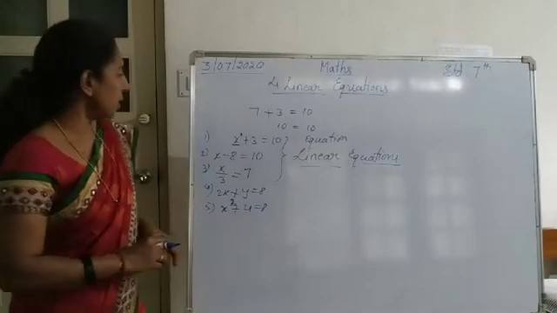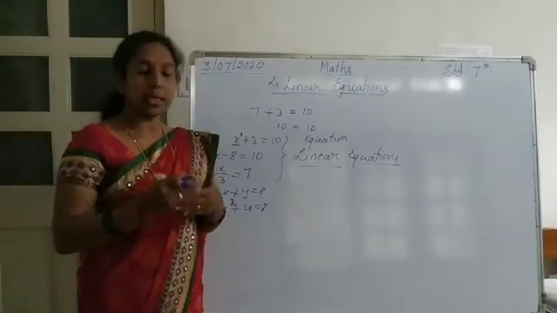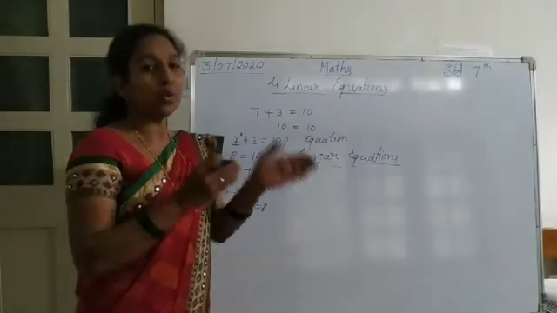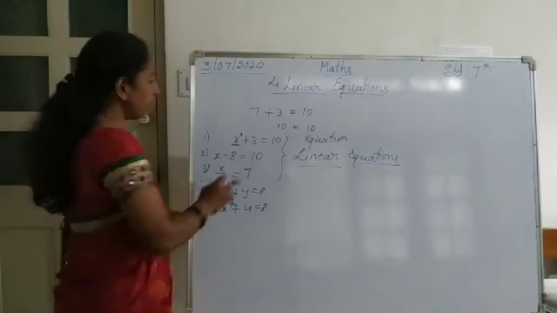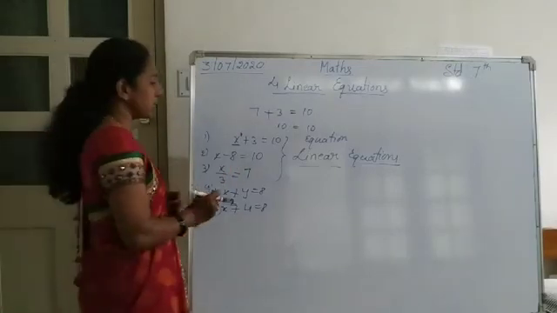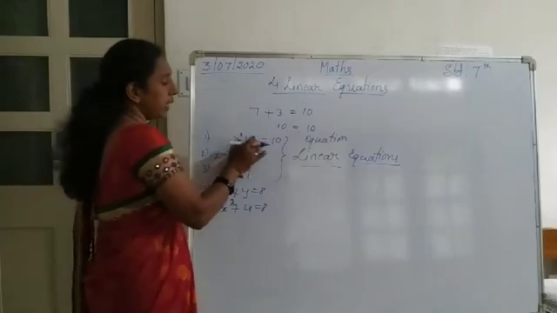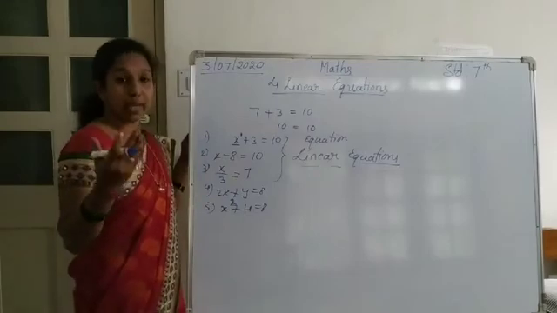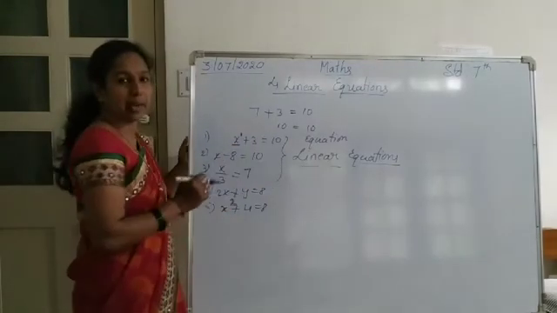Last year you learned how to convert sentences told orally into the mathematical form. For example, if I wanted to make a sentence: 3 is added to a number gives 10. Otherwise, a number is added to 3 gives 10.